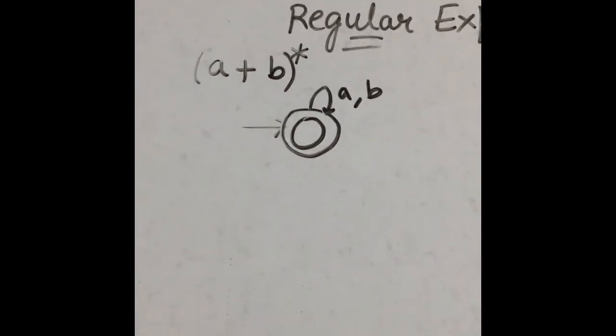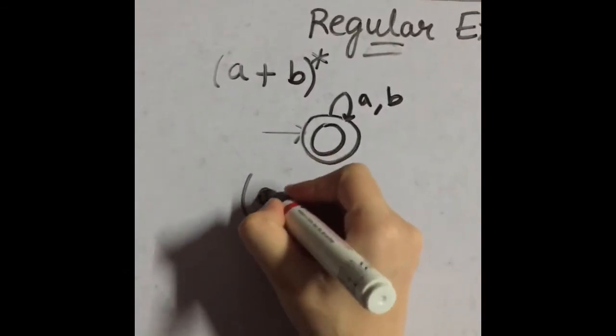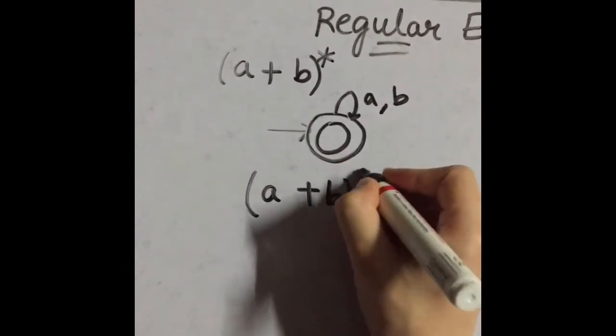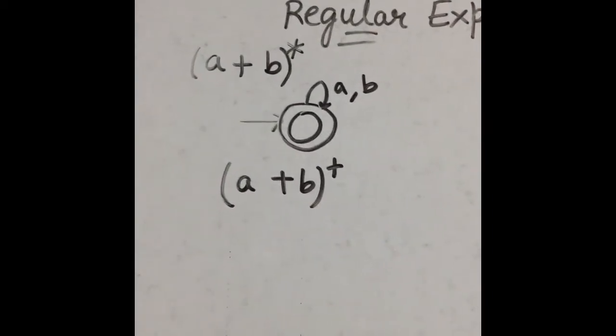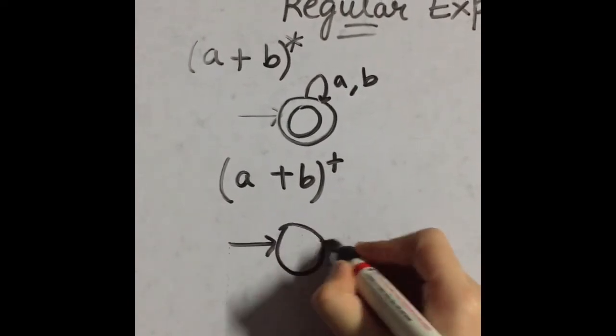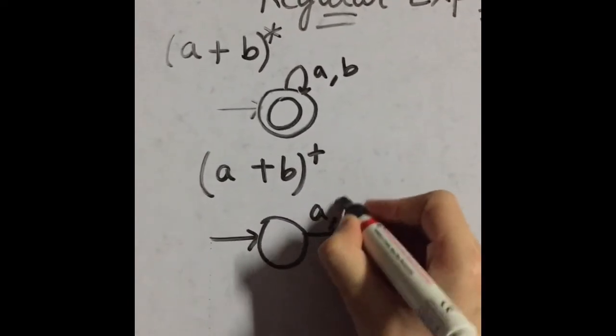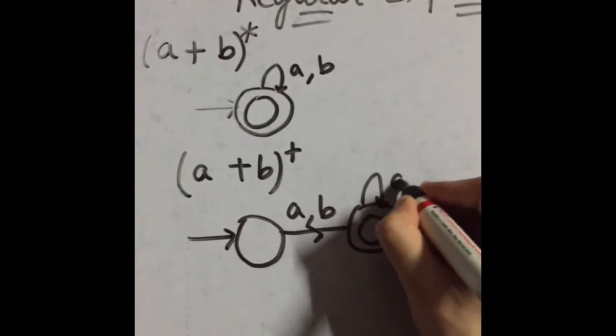But if you have a plus b whole plus, it behaves like the natural numbers 1 and so on, so null is not accepted. It accepts a or b, and then any number of a's or b's.